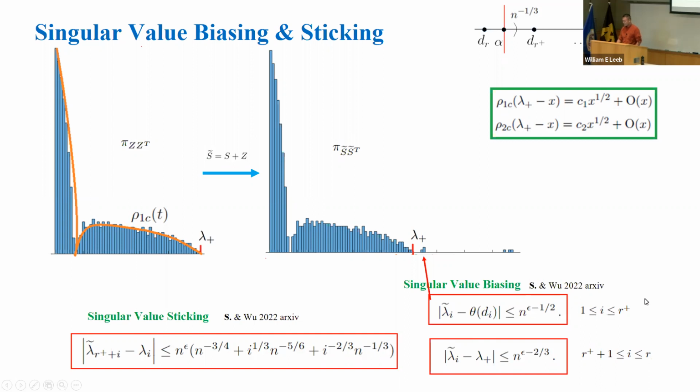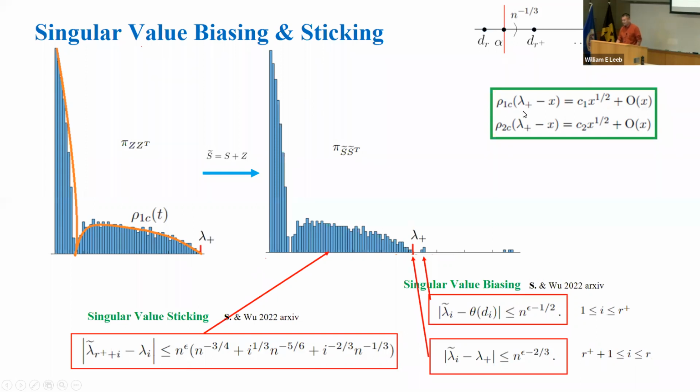So the first R plus singular values will pop out around here. For the R plus plus 1 to R singular values, they will converge to the rightmost bulk edge, lambda plus, around here with this convergence speed. And the remaining eigenvalues will be very close to the original eigenvalues of ZZ transpose: lambda tilde R plus i will be very close to lambda i with this convergence speed.